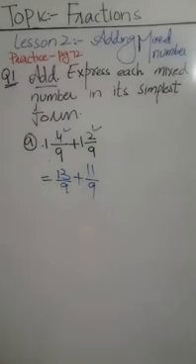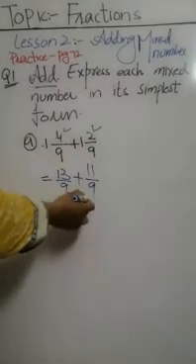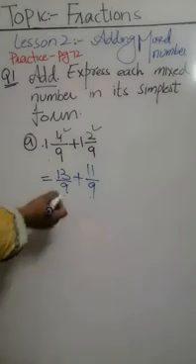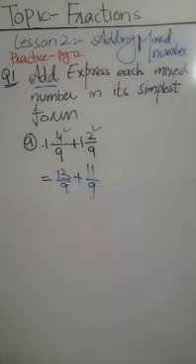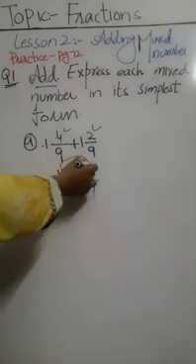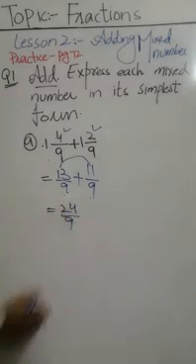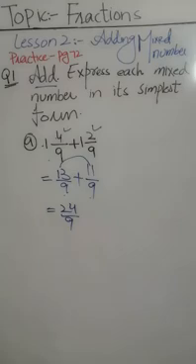Now we have two improper fractions and their denominators are the same. The rule is that to add fractions, we must have the same denominators. Here they are automatically the same, so we add their numerators: 24 by 9.